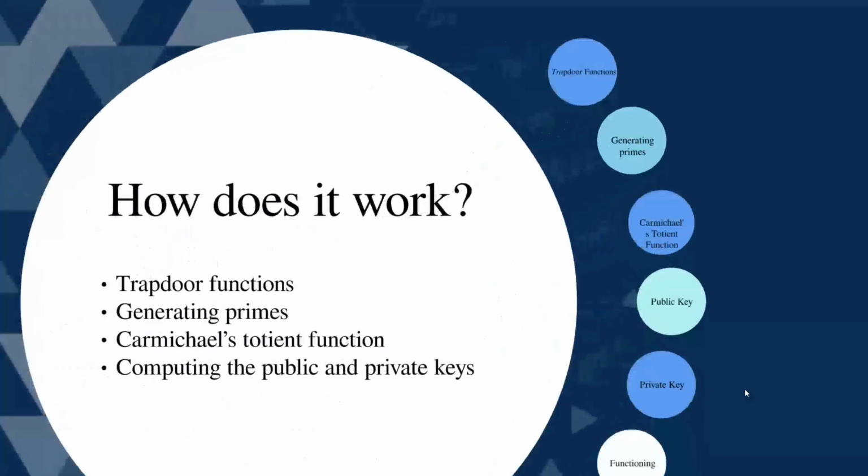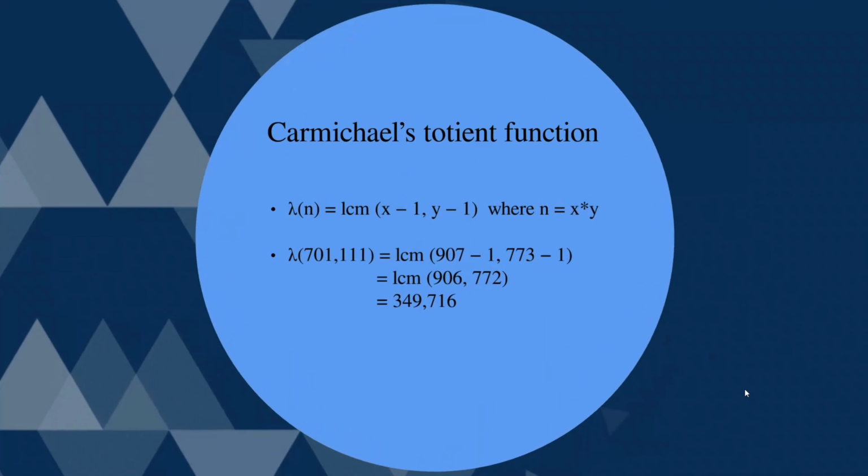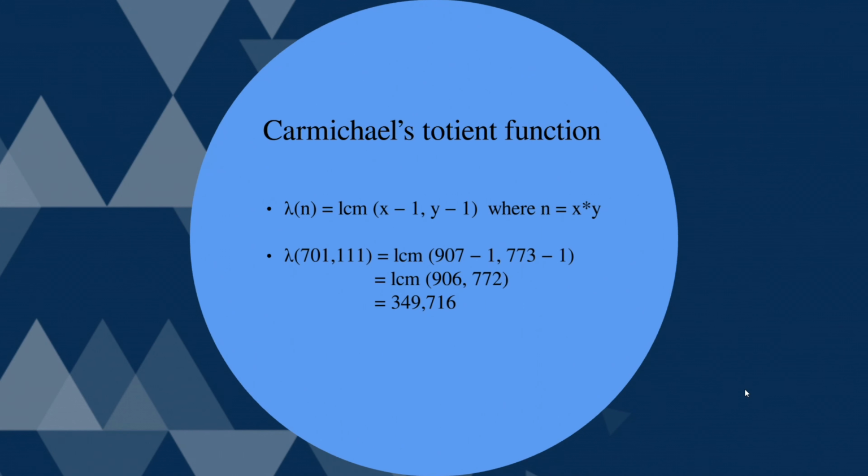So suppose the numbers x and y are 907 and 773 respectively. Now we have Carmichael's totient function λ(n) equal to LCM(x − 1, y − 1), where n equals x times y. On putting values of our x and y in this function, we get this value.